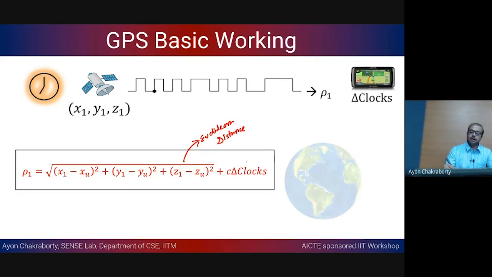and then we are going to adjust for the clock drift. If the clock has drifted by some nanoseconds or some microseconds, whatever it may be, there is an unknown clock drift also, and that multiplied by c is going to give me some kind of a range offset.